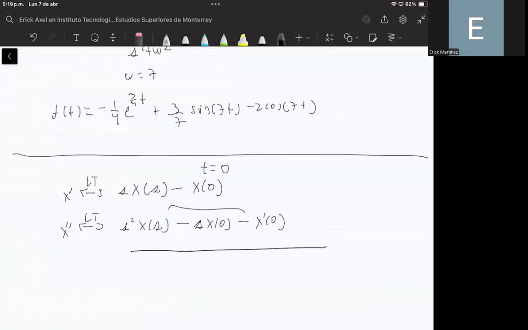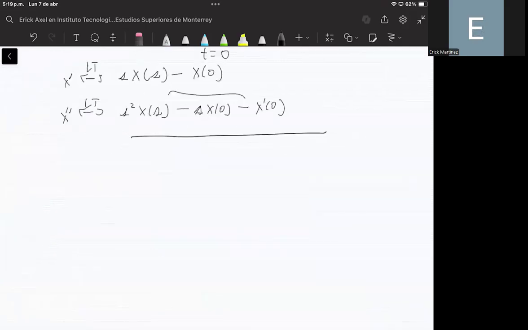So based on these definitions, what we can do is now see how we can compute these Laplace transforms, okay? So let's consider the following case.